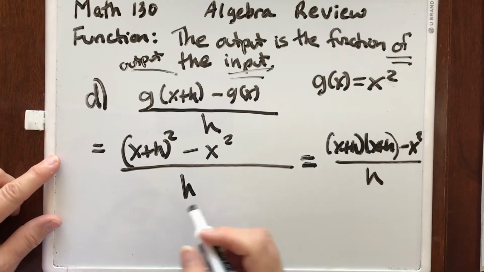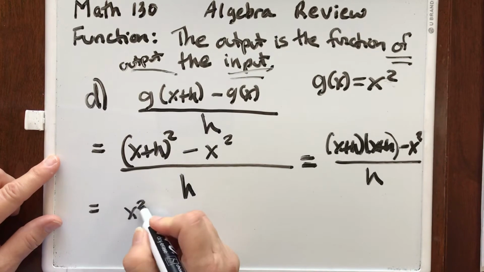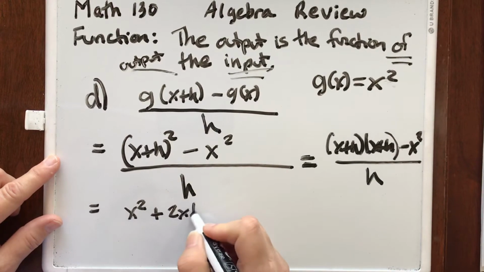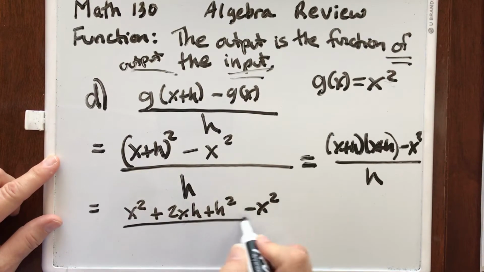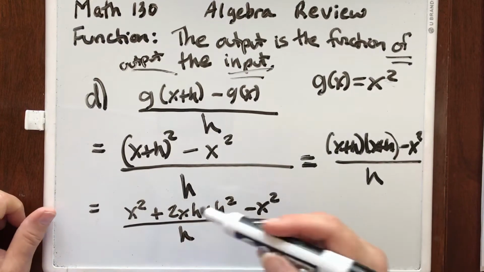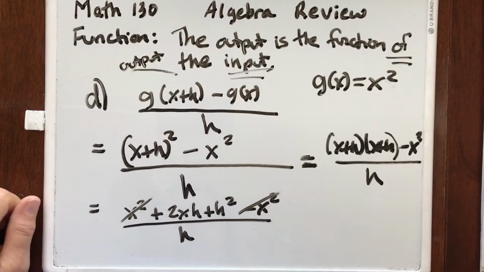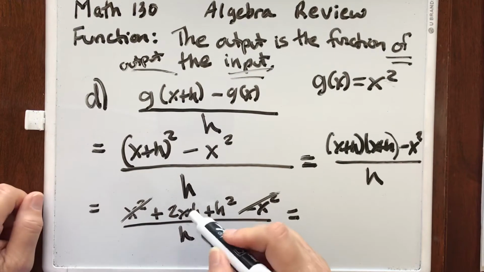Okay, so how do we handle this right here? We're going to go ahead and FOIL this, right? Oops, minus x squared over h. Okay, so foiling that, we have x squared plus 2xh plus h squared minus x squared all over h. Okay, so what cancels? This x squared and this x squared cancel. All right. Now, I see h, h, and h.